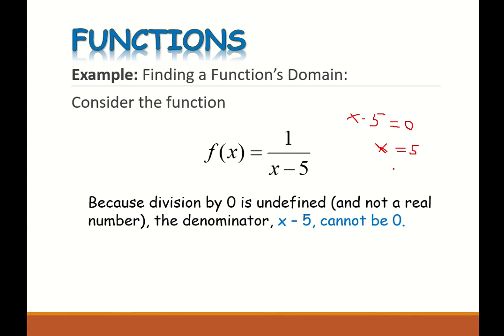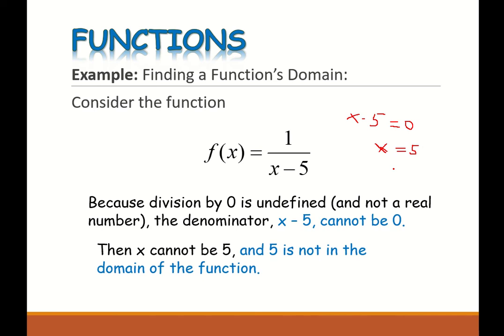So to determine that number, we have x minus 5 should not be equal to 0. So x minus 5 cannot be 0, then x cannot be equal to 5, and 5 is not in the domain of the function.